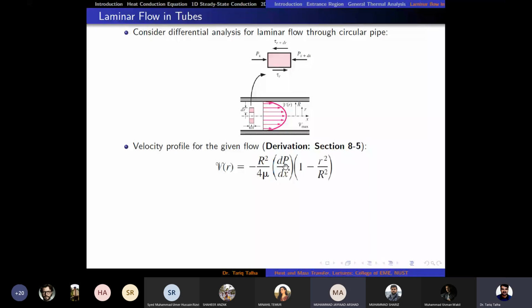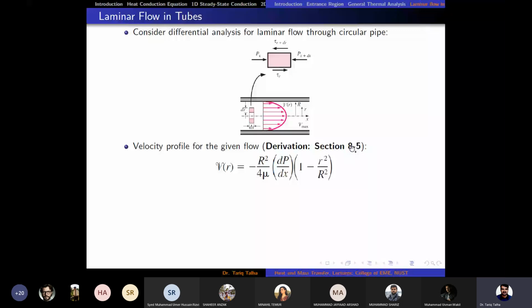Have you come across this relation? Atif wants to have more enlightenment about this topic. I have written it there, see in bold, the derivation in section 8-5.